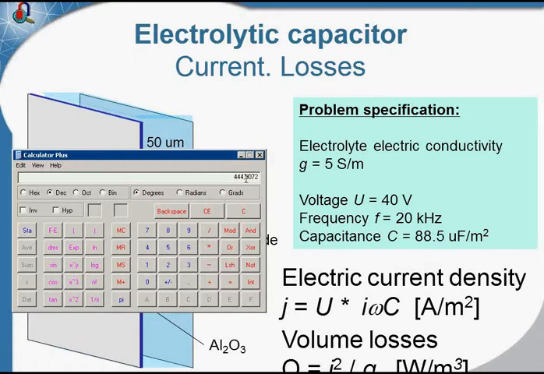So this is the current density that will flow in the electrolyte, 445 amperes per square meter. Now we know the current density and can calculate the volume losses.